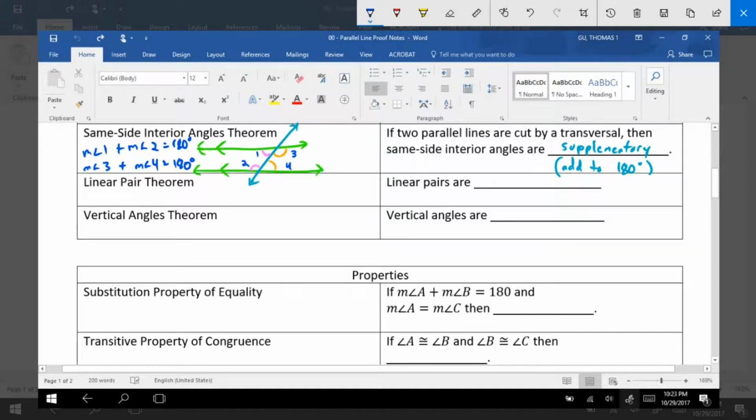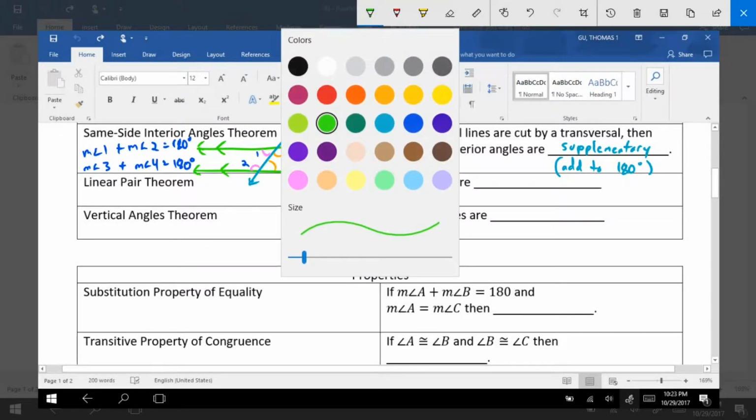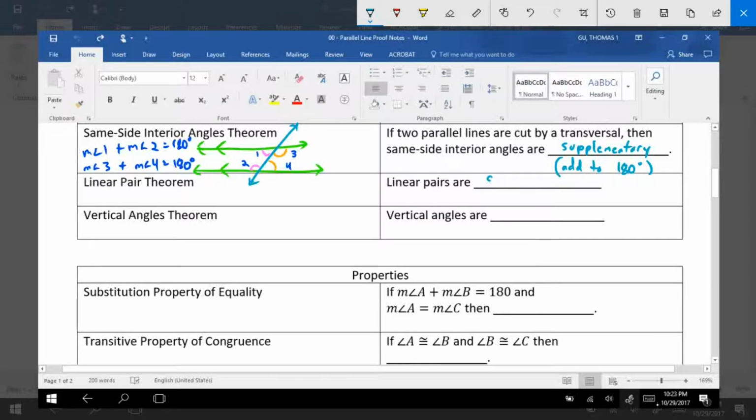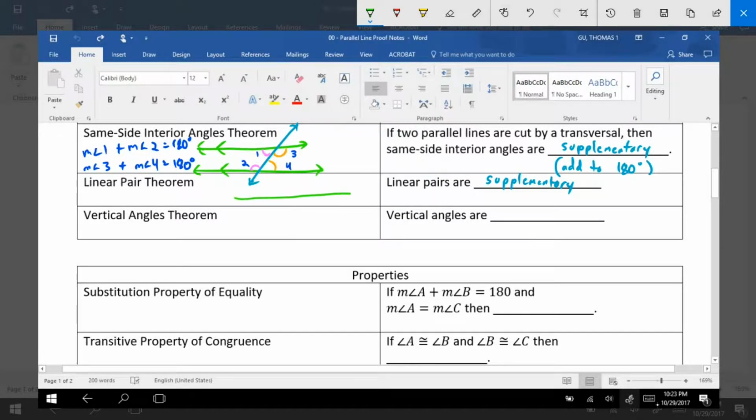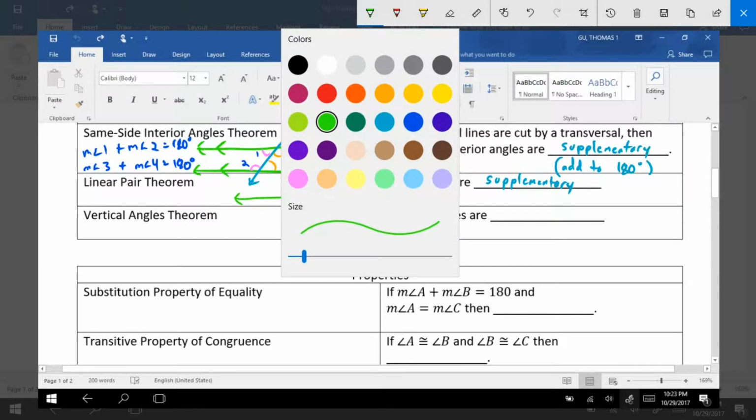That's right. Okay, let's go to the next one, the linear pair theorem. All this one says is that linear pairs are supplementary. So linear pairs, for example, if you have a little line going over here, and then you have a linear pair. That means two angles that add up to make a line.